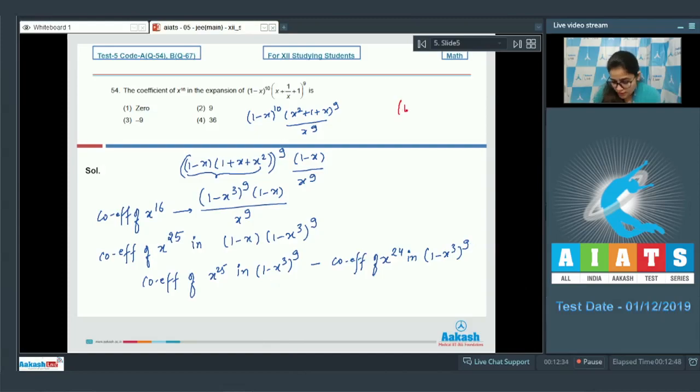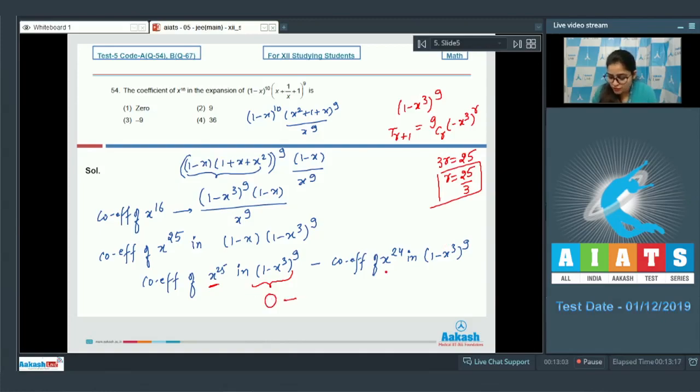So see, for (1 minus x cube) to the whole power 9, T r plus 1 is equal to 9Cr (minus x cube) to the power r. If you require the coefficient of x to the power 25 in this expansion, then 3r should be equal to 25, but from here you are getting r equal to 25 by 3, which is not correct for r. So the coefficient of x to the power 25 in this expansion is 0, minus.